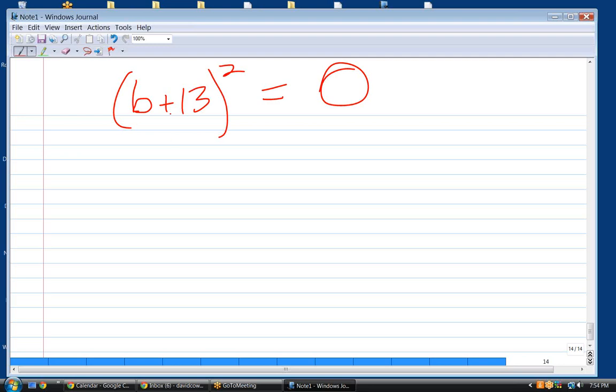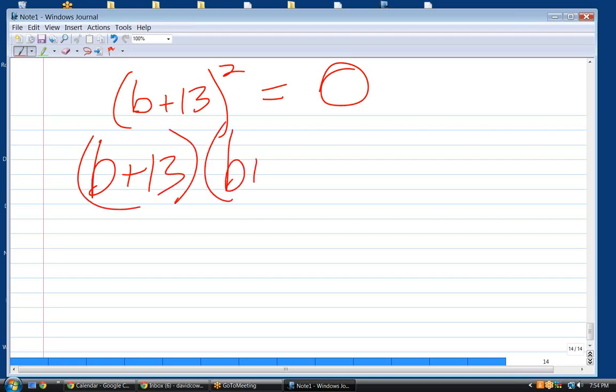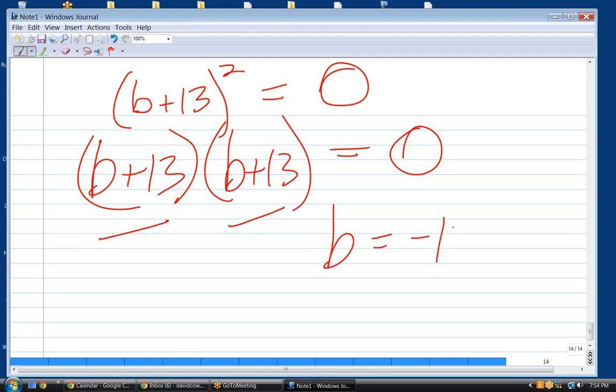In other words, it's hard to do this one by taking the square root of both sides, but if I just write it like this instead of the normal way, now set that equal to 0, I get -13 as an answer. Set that equal to 0, I get -13 as an answer. I only have one solution. Awesome.